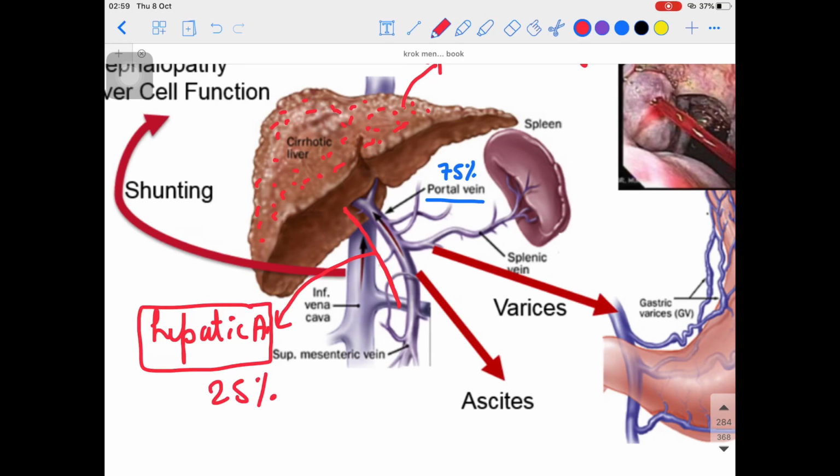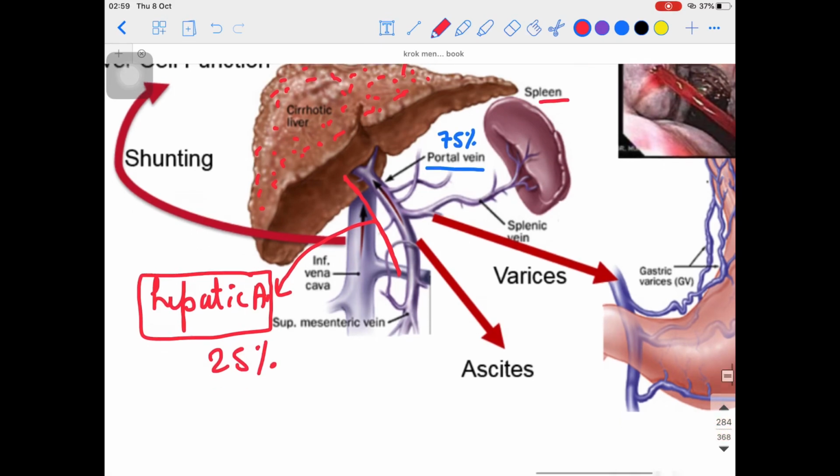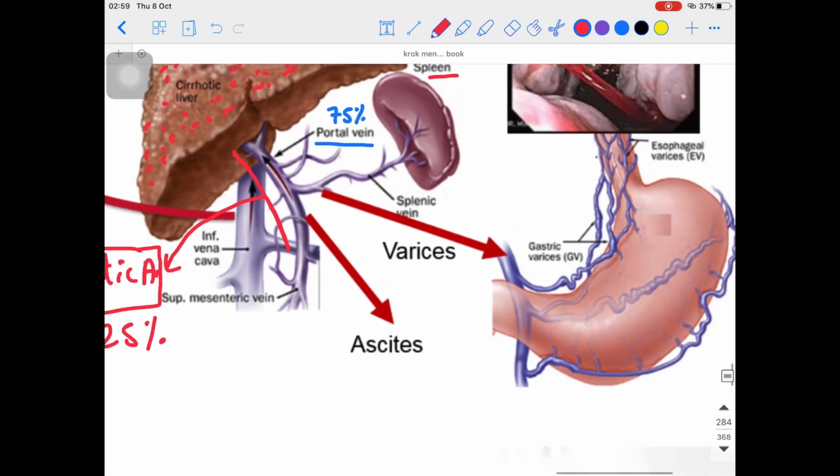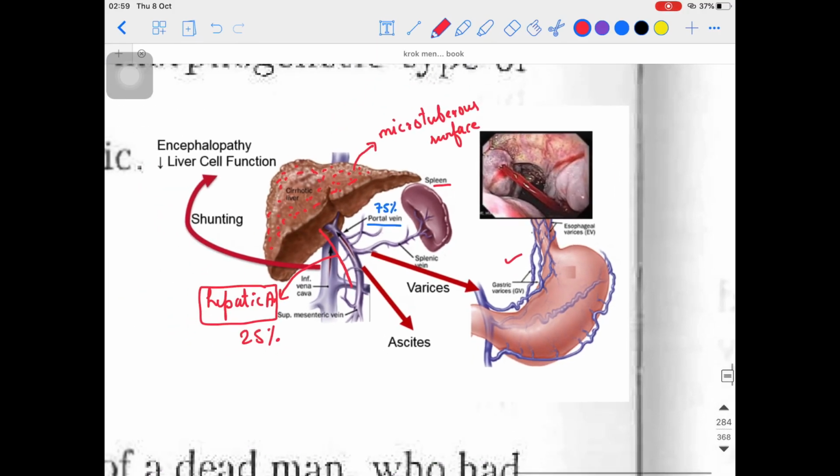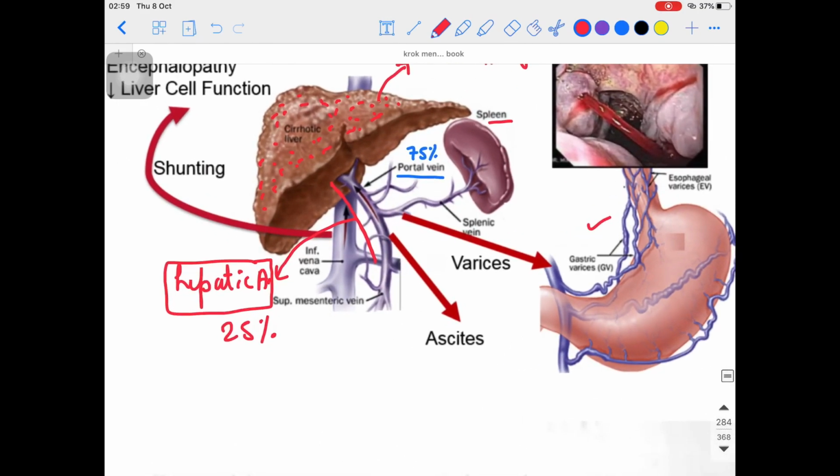The portal vein is carrying the blood from the spleen, from the stomach, and from the pancreas also, which is not shown in this diagram. From the superior and inferior mesenteric veins, it carries the venous drainage from the stomach side.